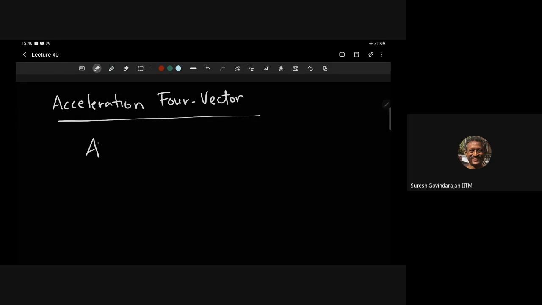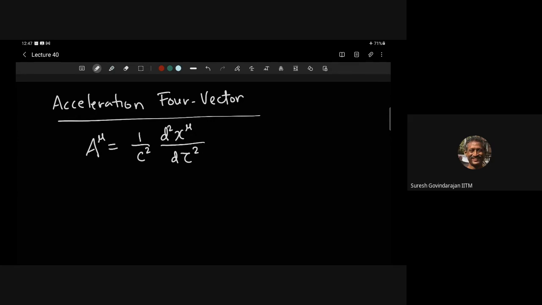Okay, since people are not having ideas, let me give the idea. Again, I just do this, 1 by c square. So this is the calculation.